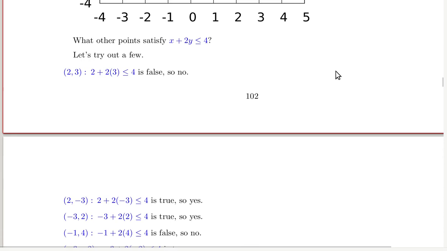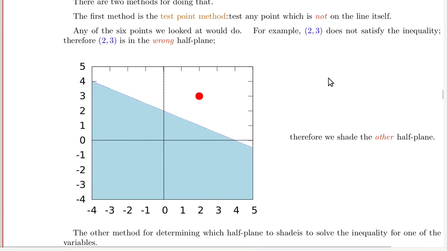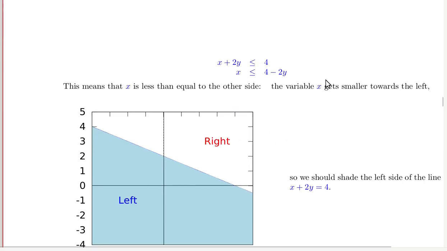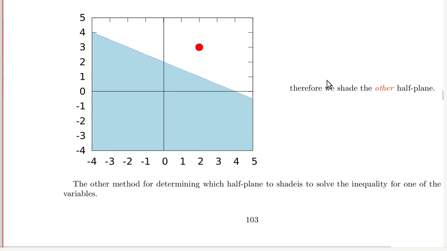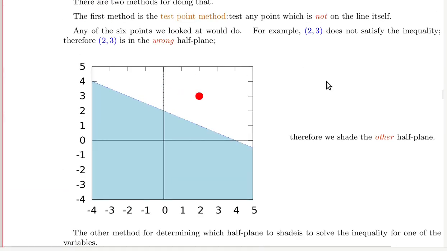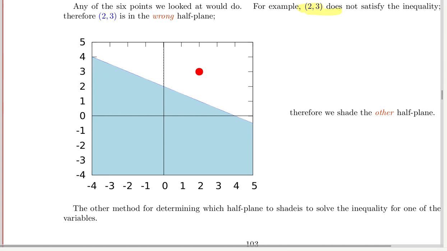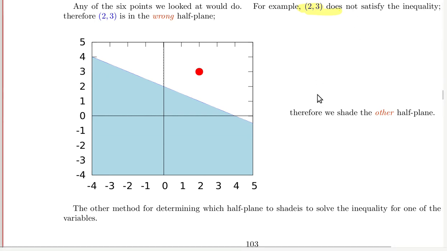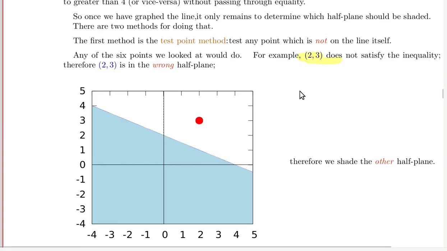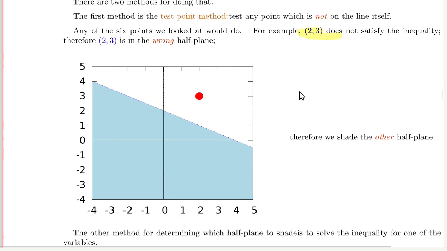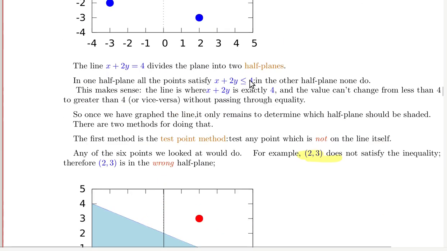So, okay, there are various ways to do this. The two main ways to do this are, first of all, you can just plot a test point. So for example, you take any point, like here I happen to look at the point 2, 3. Determine, oh yeah, just check whether it satisfies the inequality.